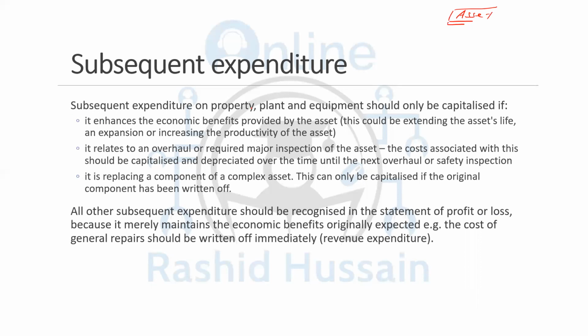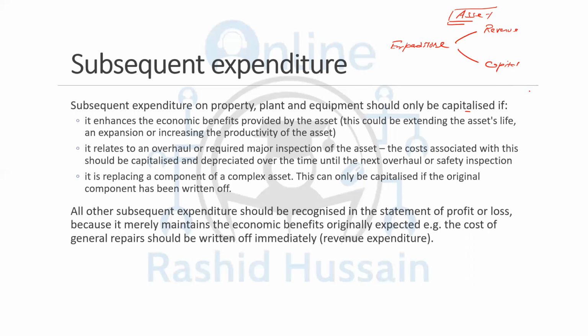Now, the subsequent expenditure on property, plant, and equipment should only be capitalized. The first point is related to what you studied in your earlier accounting, that there are two types of expenditure: the revenue expenditure and the capital expenditure.